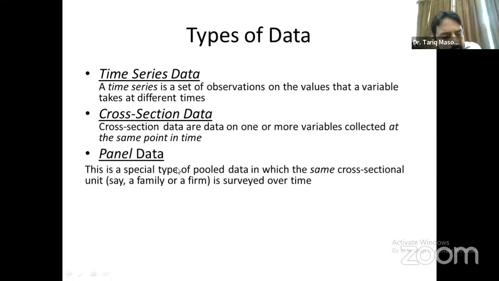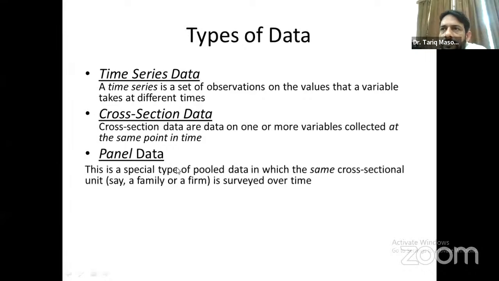Now this difference or type of data matters for a number of reasons. First, it depends upon the purpose in hand. Ultimately you have to choose your data set according to your problem. If you are concerned with the time dimension, you will use time series data.